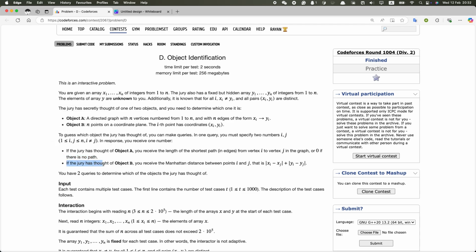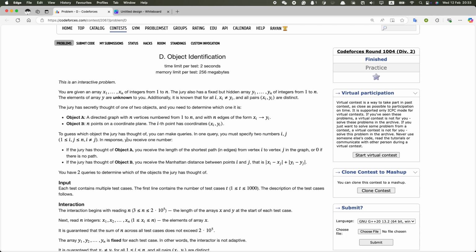If the jury has thought of the second object, we will receive the Manhattan distance between the points i and j, that is |xi minus xj| plus |yi minus yj|. So we can only ask two queries to determine which of the objects the jury has thought of.